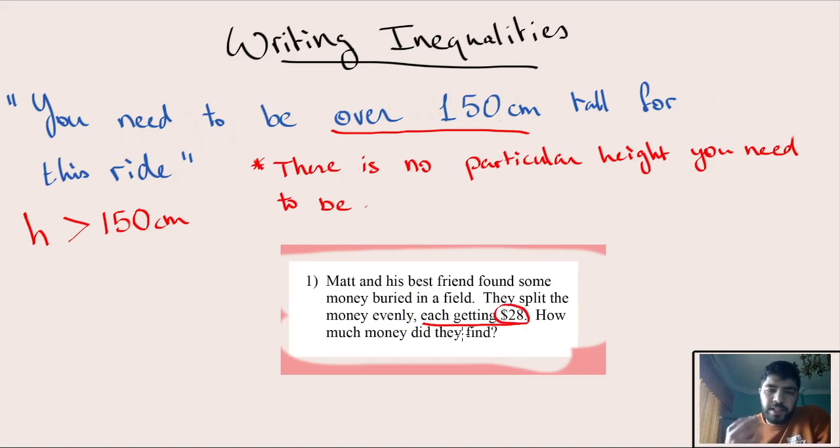It's not each of them got at least 28 or over 28 or more than or less than 28. So whenever we're discussing inequalities, we have multiple solutions. Whenever we are discussing equations, we have exact solutions, right? So we have exact or precise solutions, okay? Compared to just the wording being like over.